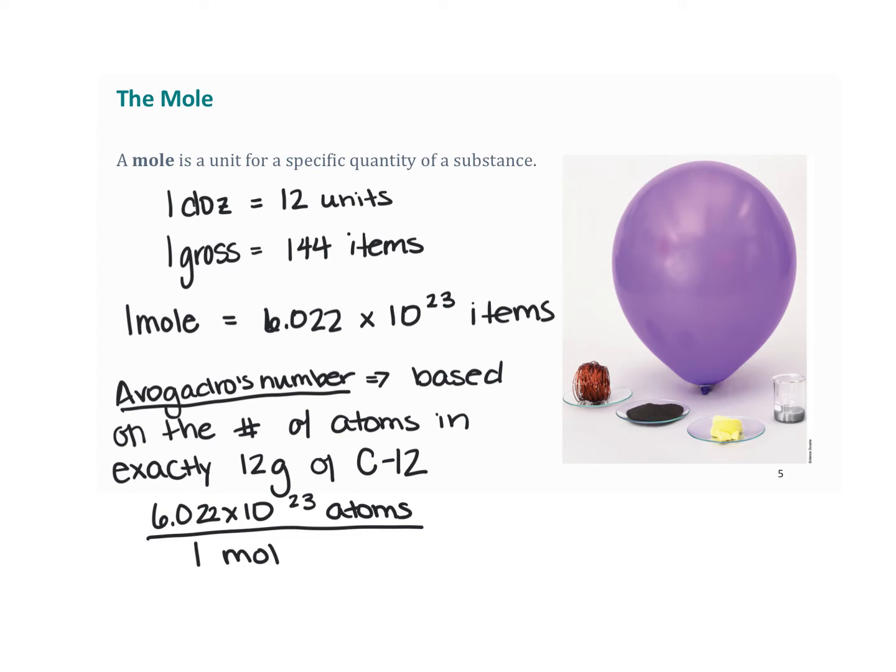So this would be 1 mole of carbon. This is 1 mole of sulfur. That's 1 mole of mercury, 1 mole of copper. And then this is a mole of gas. Okay. And so we use this to help us express these macroscopic quantities that are involved in chemical reactions.